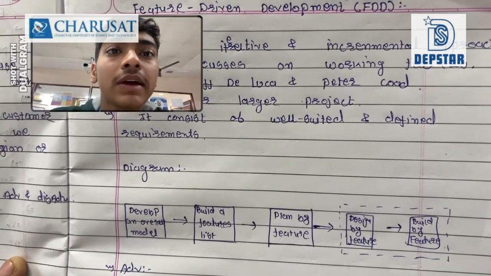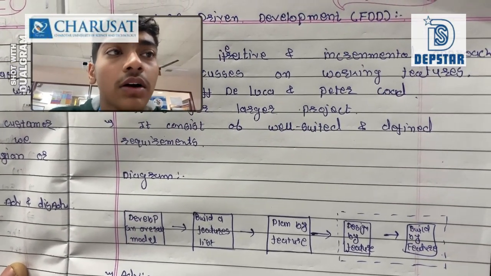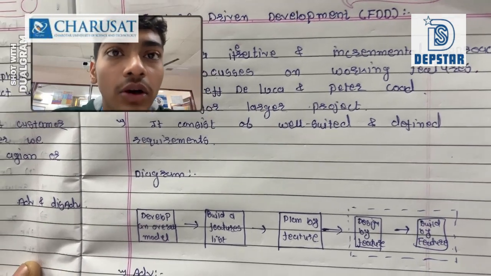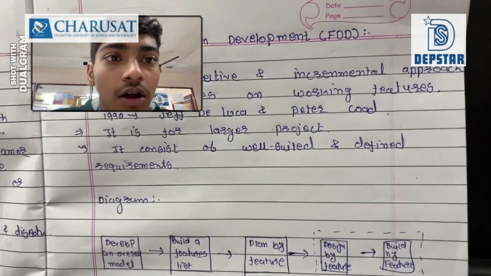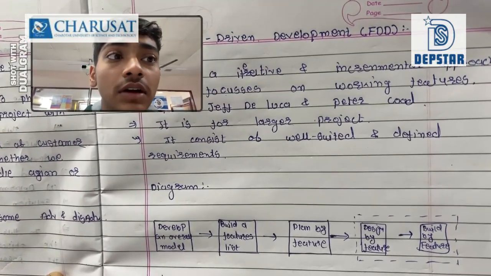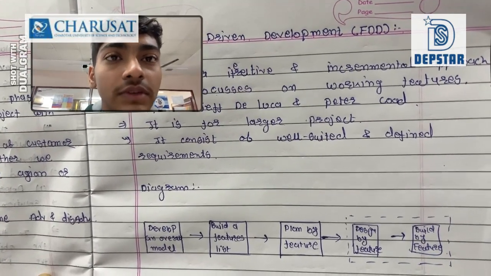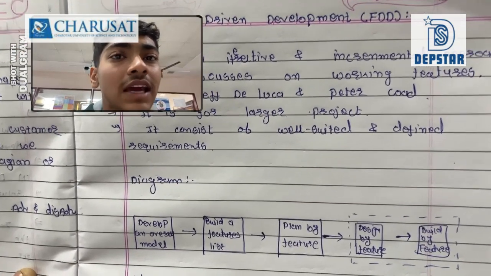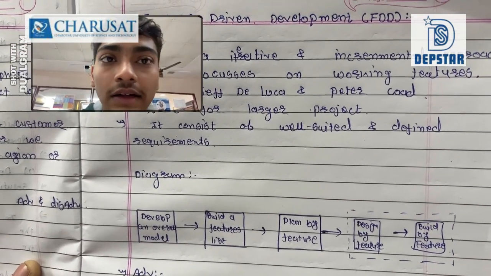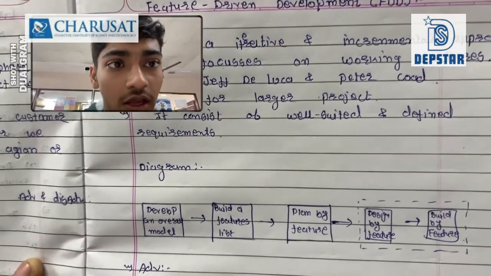In this step, the manager makes a set of features and allocates a specific team which has the characteristics according to those features.